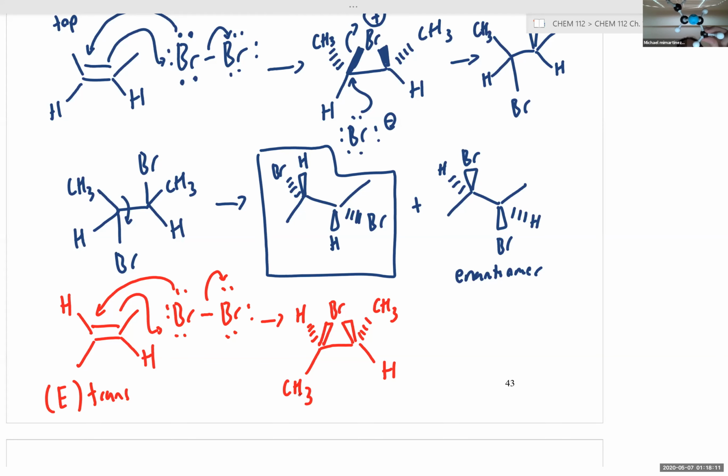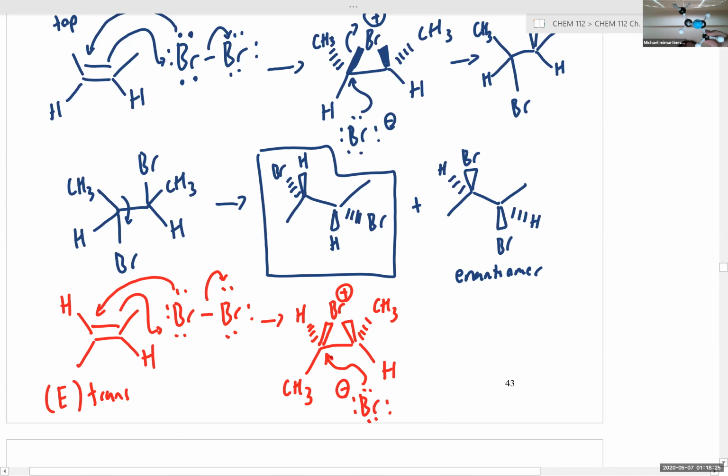Now we're going to attack our bromonium intermediate, and we can attack at either carbon. I'm going to arbitrarily choose the left carbon. If we attack on the right, we generate a slightly different product. So we are going to attack on our left-hand carbon.